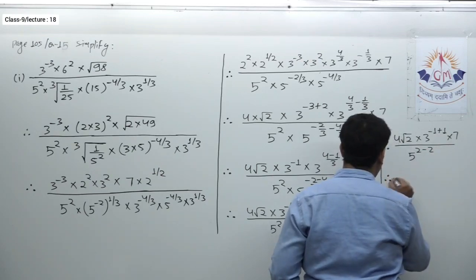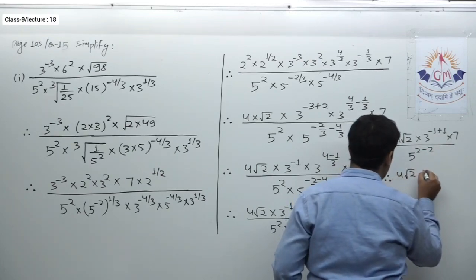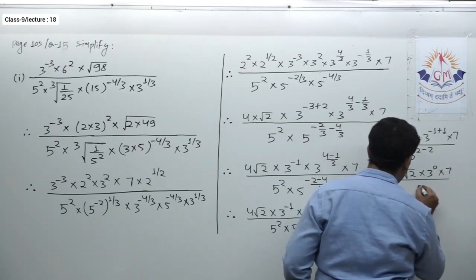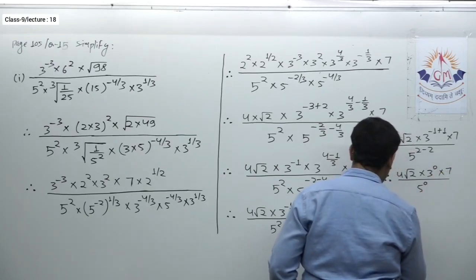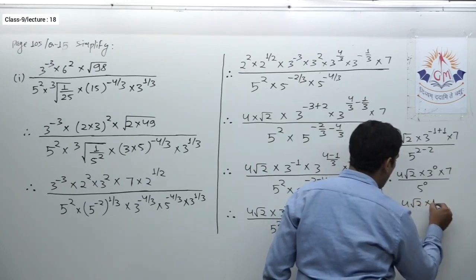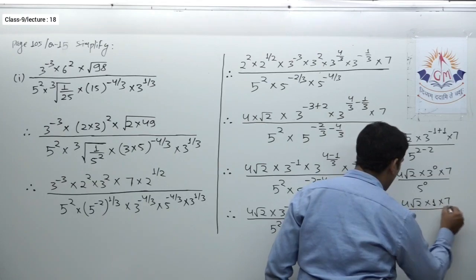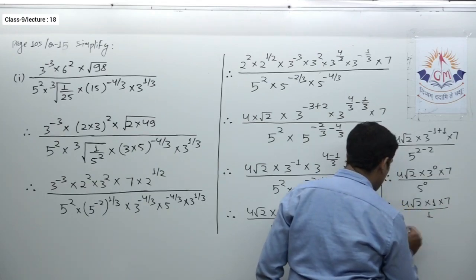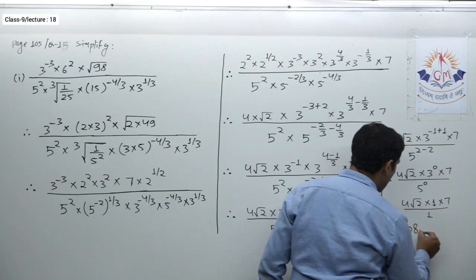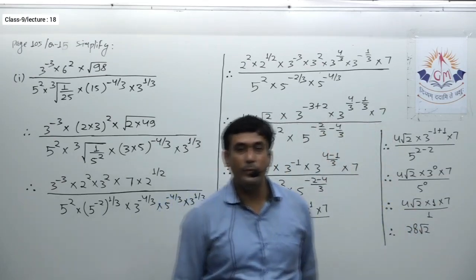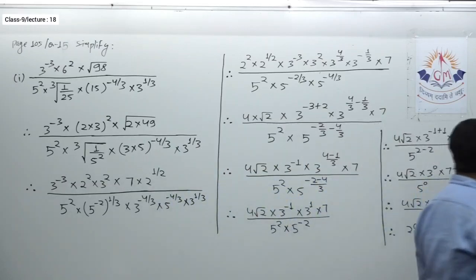So here I get 4 root 2 into 3 raised to 0 into 7 upon 5 raised to 0. That means I get 4 root 2 into 1 into 7 upon 1. So ultimately my answer is 28 root 2. This is my final answer. So please note it down.